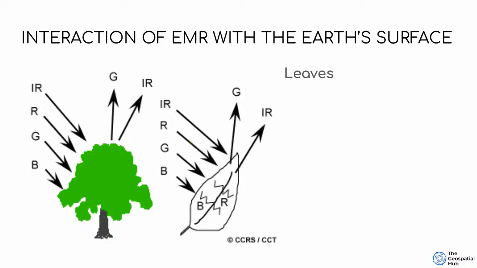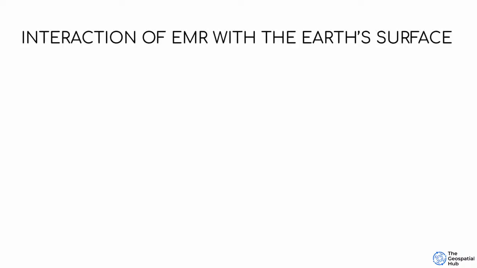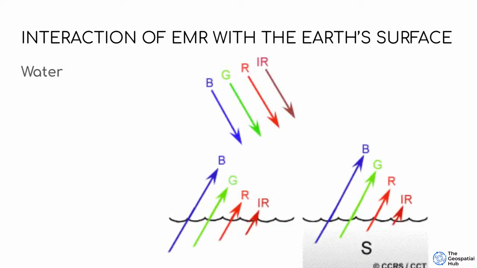So we'll be moving on to the next interaction, where we'll be talking about how radiation interacts with water. For water, the radiation coming from the sun has blue, green, red, and infrared. Basically the water absorbs more of the red and the infrared.